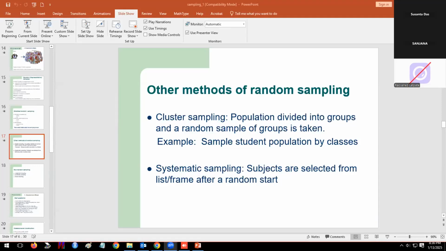Just run a slideshow, or you can press the arrow key on the keyboard. Yes, I am pressing the arrow key. Sir, run a slideshow from the current slide. No, this is the slideshow. Down there, near the notes and comments, before the slider bar, there is an option. Just wait.